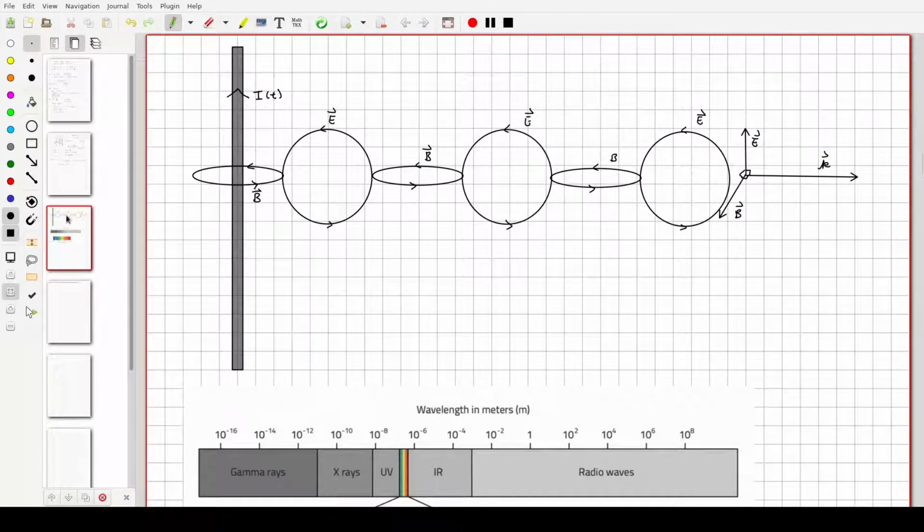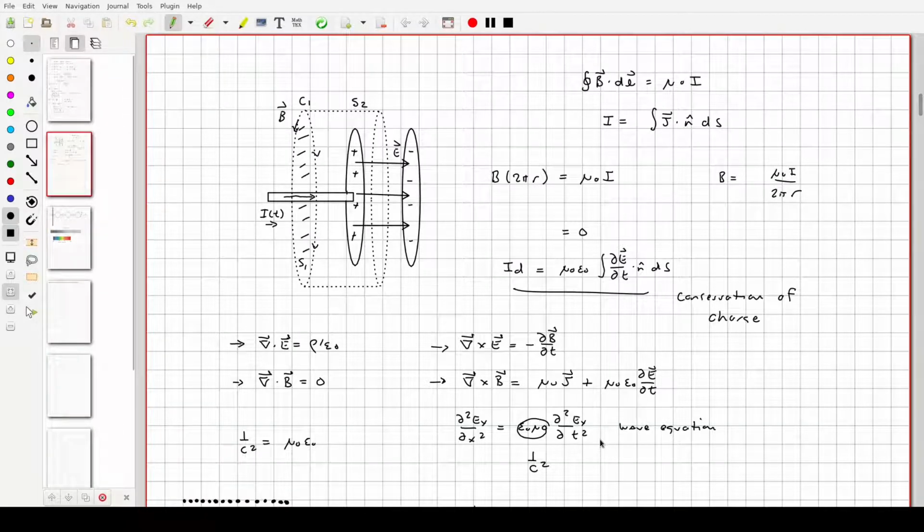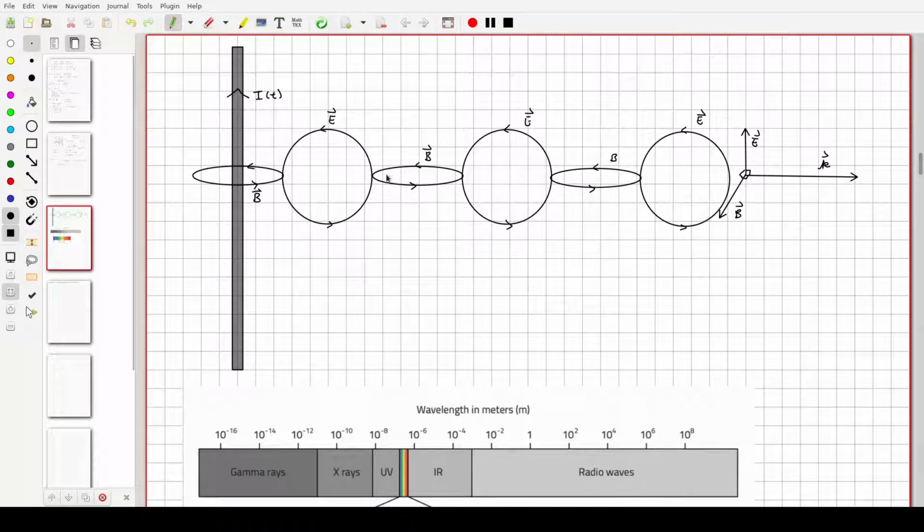So one of the things that it requires, if you look at this equation right here, is a changing field with respect to time. And looking at this equation here, the only way that you get this is if you have a current or something else that changes with respect to time that's generating your field.